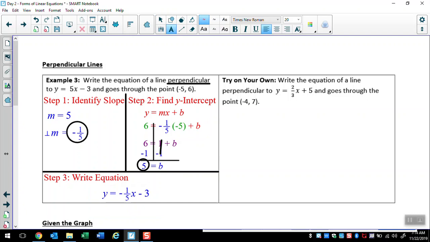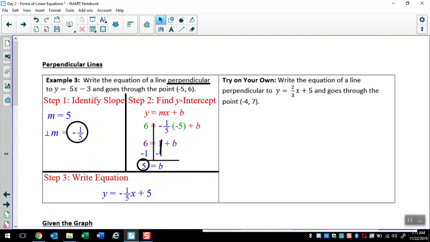Now I should be able to fix that. Okay, now I'm able to fix it. So that really should have been +5. Okay, so I was able to pull my slope, and then I went through, found my y-intercept, substituted them back in, and now we have our final equation.